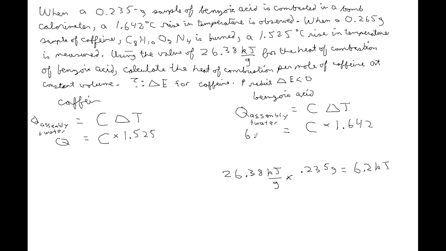Then we divide by 1.642 degrees Celsius on both sides, and we get the heat capacity of the calorimeter equal to 3.776 kilojoules per degree Celsius.